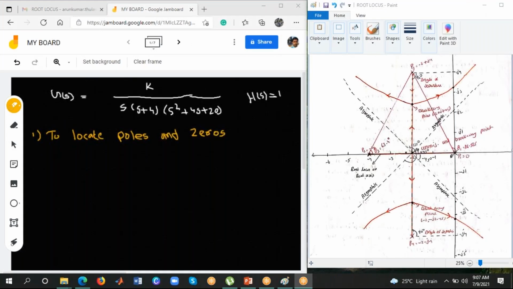So the first step is to locate poles and zeros on the real axis. That is our first step. See how many poles we get here.